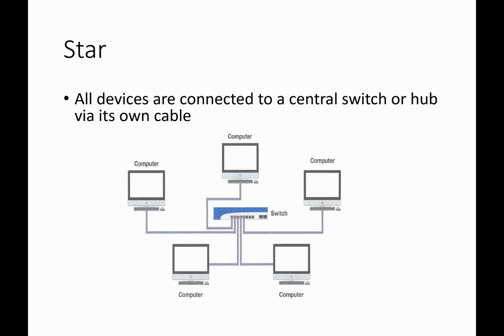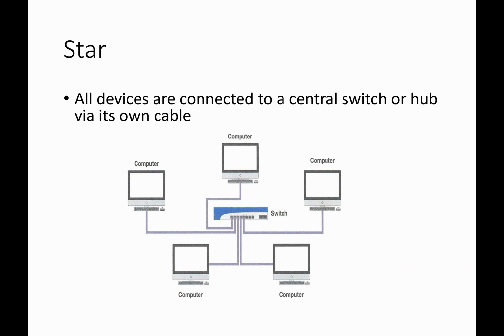Now, one way around that is a star network. What we have instead is that each computer has its own dedicated cable to a switch. Any one of these could be a server, and other switches can be connected to routers, to other networks.